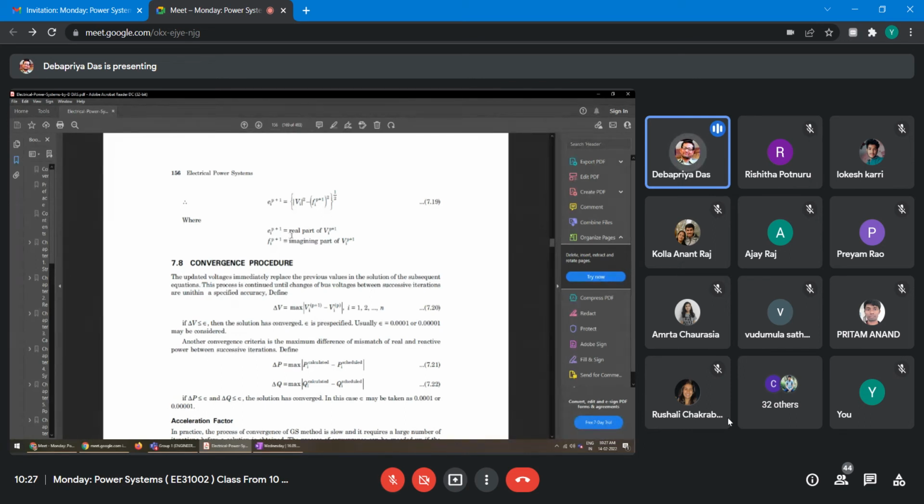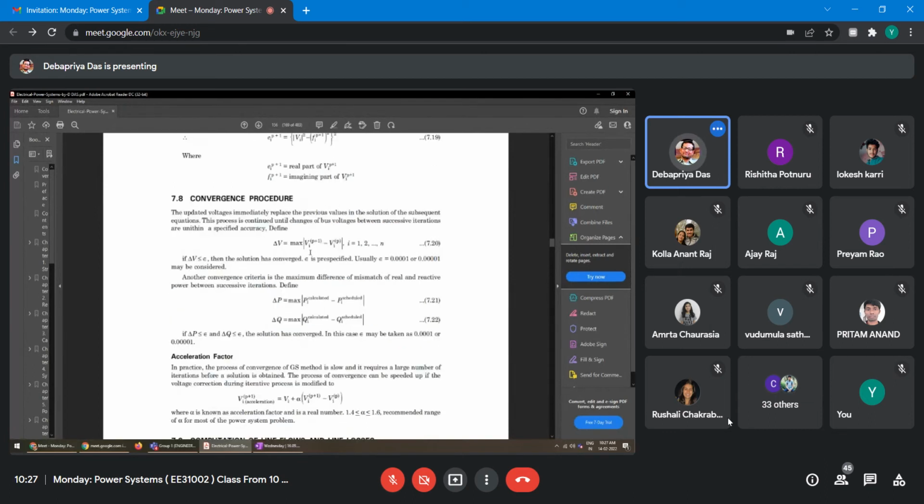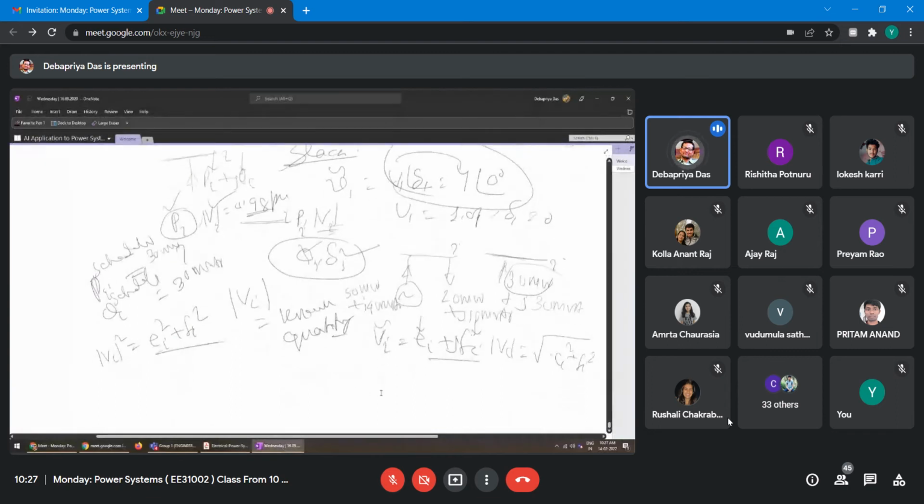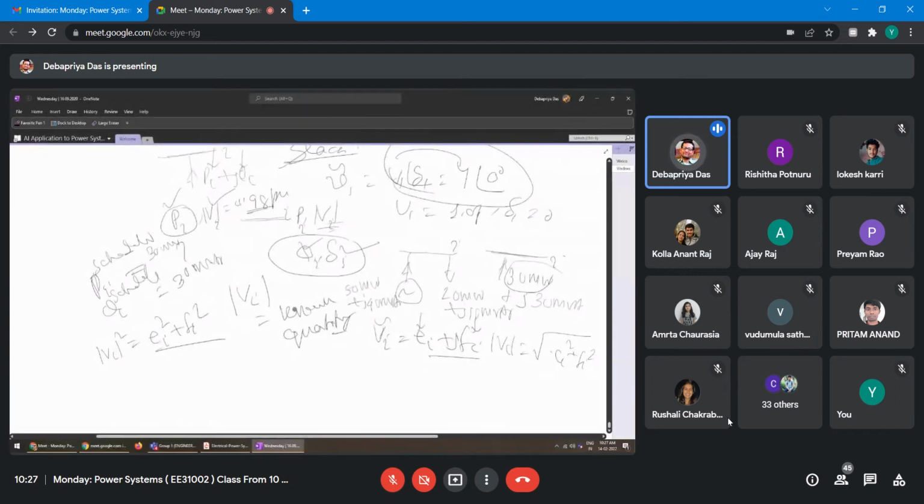Whatever you have made, this is what I told. Now, the convergence procedure, how will we do it? Whatever is written here, I am explaining so that things will be clear. Suppose you have a 4-bus problem. Bus 1 is a slack bus, so no need to consider. Take delta V2 is equal to V2, the voltage of the current iteration, that is V2 at P plus 1 minus V2 at P, right?